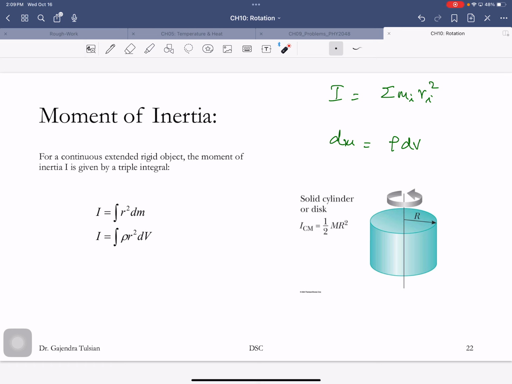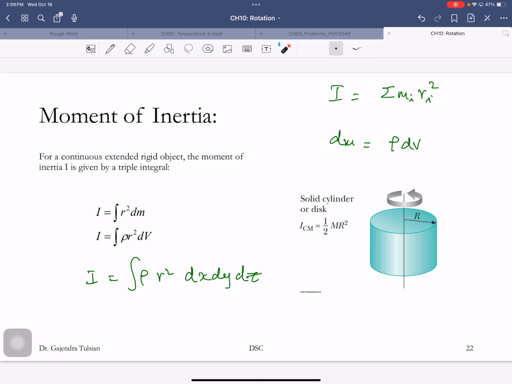So if you wanted to calculate the moment of inertia of a continuous distribution, you would have to do this triple integral. In Cartesian coordinates, you would write this as dx, dy, dz. Of course, if it was a cylindrical object, you would want to use cylindrical polar coordinates, and so on.